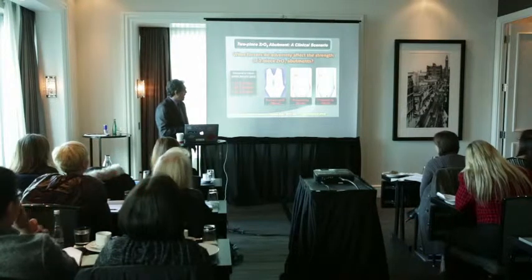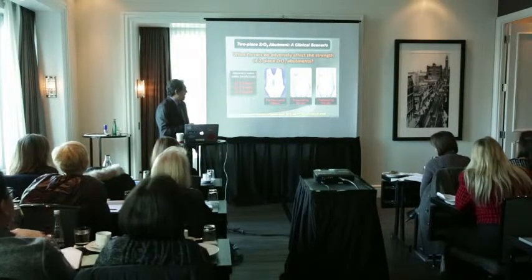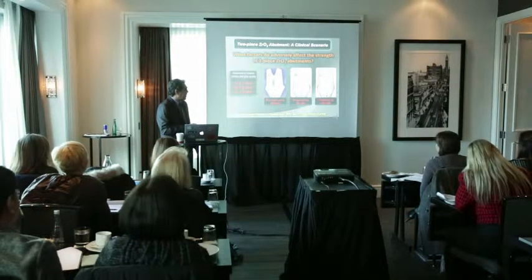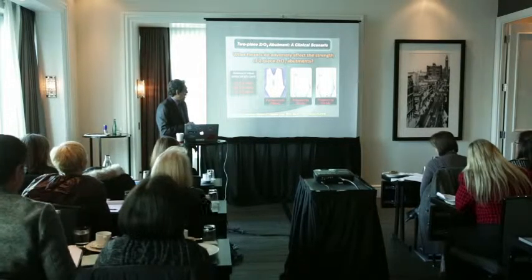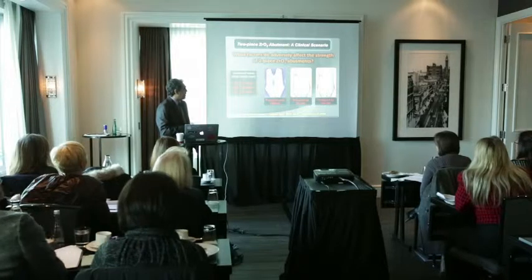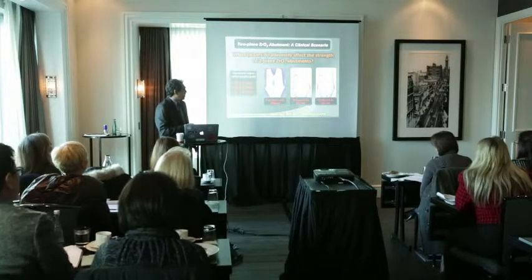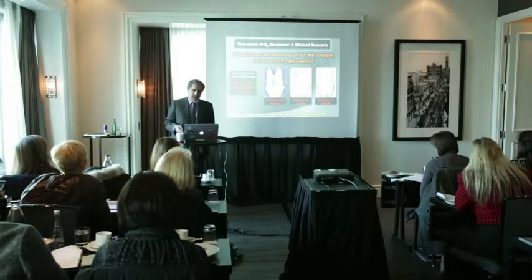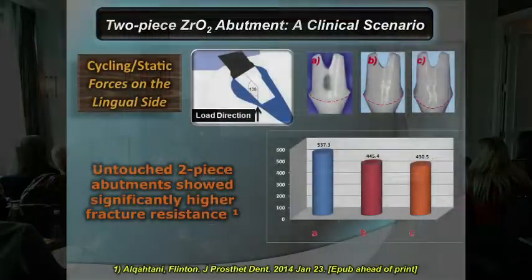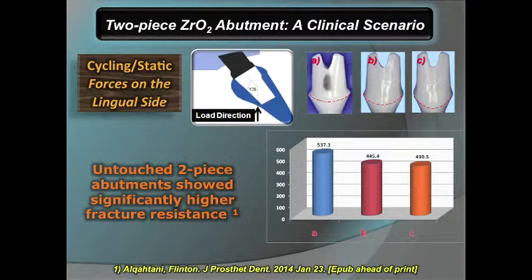And the third one, they reduced that line about 1.5 millimeters, brought them down. So now you have 3 different types of abutments with different collar heights: 2.7, 1.7, 1.2. Then they loaded those and checked the rate of mechanical failures.